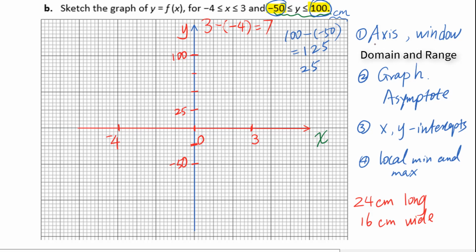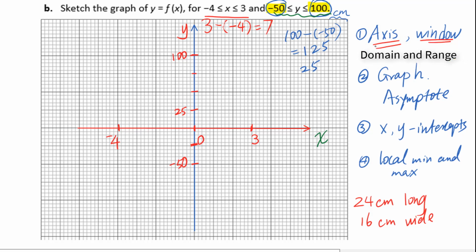Remember the first mark goes to labeling the x and y axes and the correct window. Correct window means x is between negative 4 and 3, and y is between negative 50 and 100. Sometimes the first mark goes to domain and range.